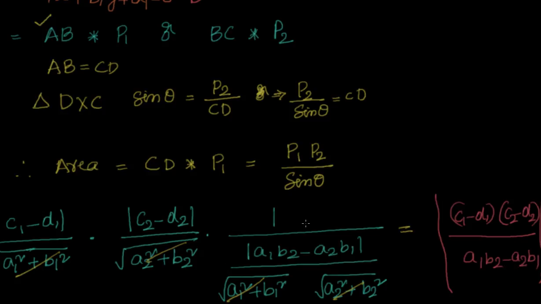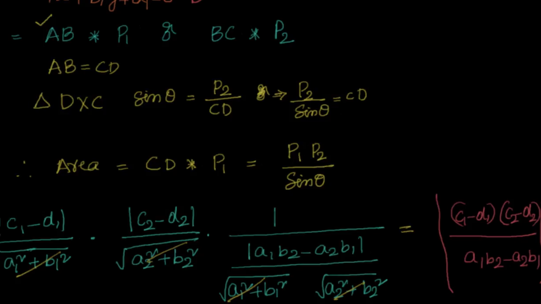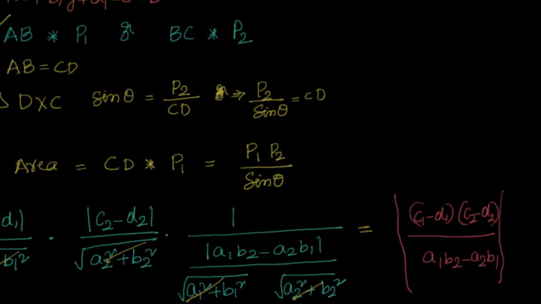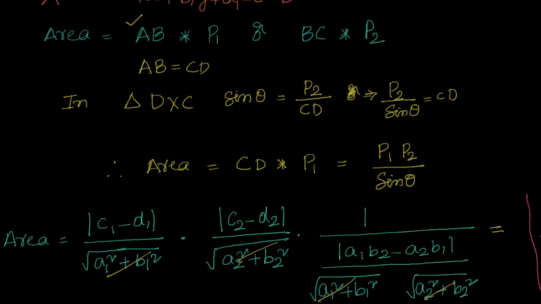Now the only thing is how we got sine theta equal to A1 B2 minus A2 B1 by root of A1 square plus B1 square. That I will explain to you. Before that, just let me summarize. We have said that area equals P1 P2 by sine theta. P1 is the distance between the first set of parallel lines, P2 is the distance between the second set of parallel lines.